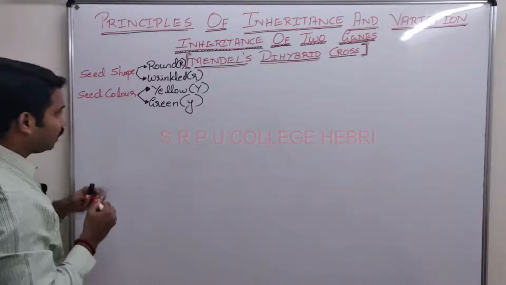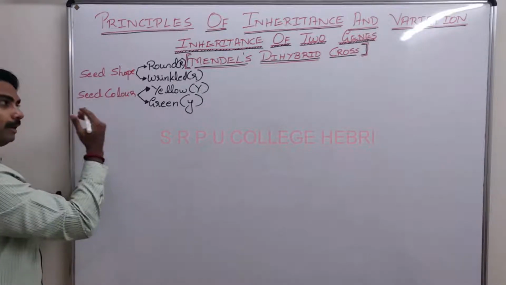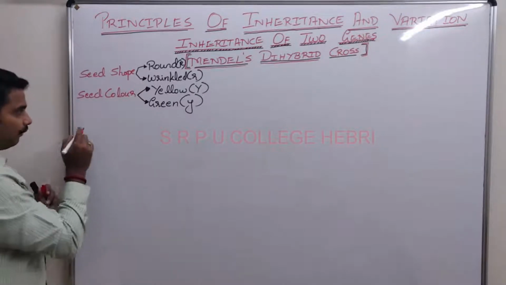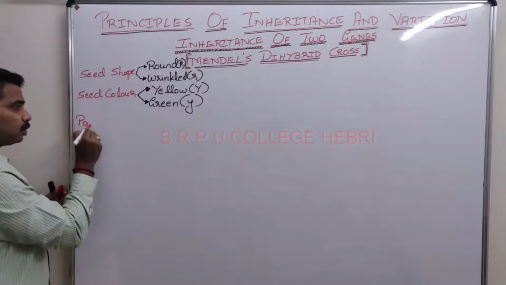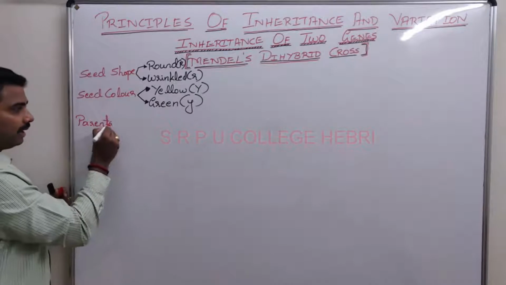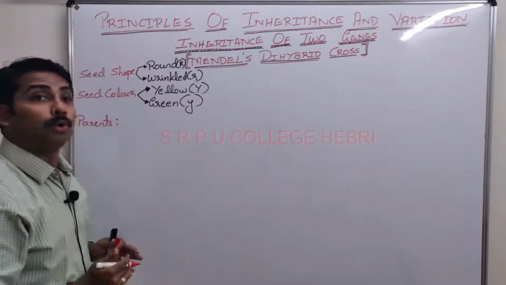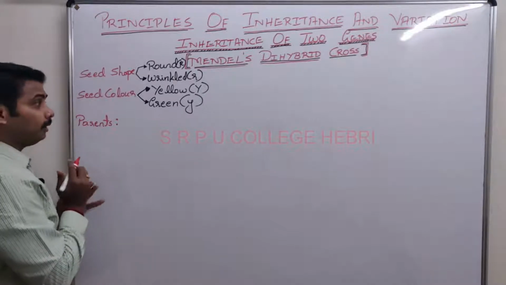Very simple. First, he took two true breeding parents. The number of parents is always 2, and you know the parents should always be what? At the beginning of the experiment, what are you taking? They should be in the homozygous condition. They should be true breeding.